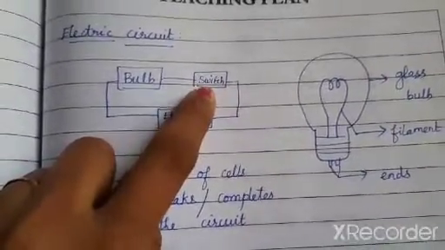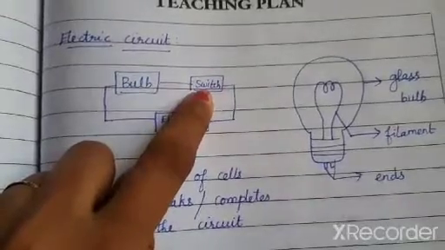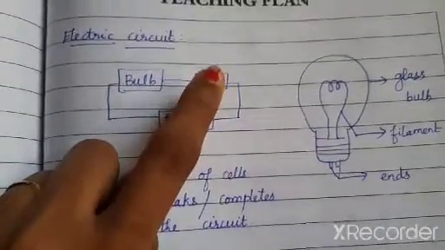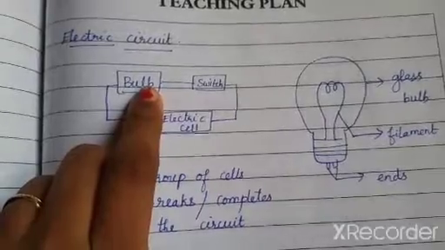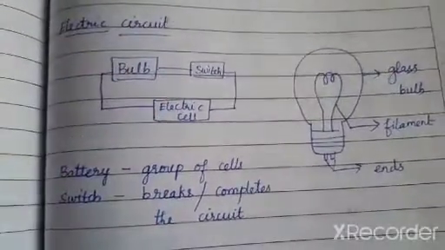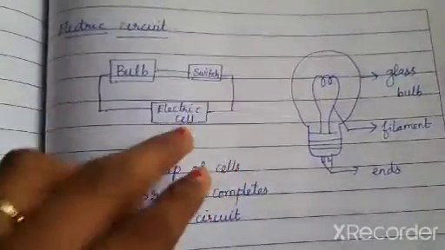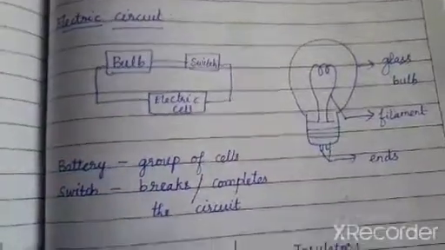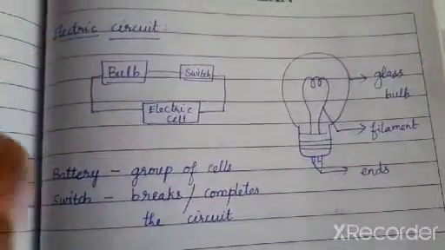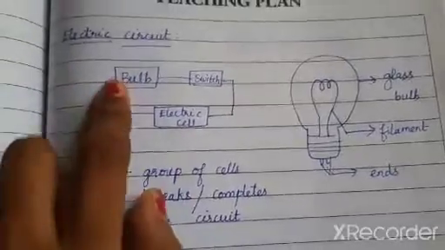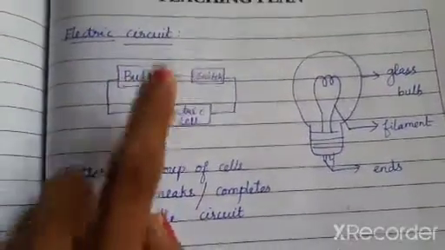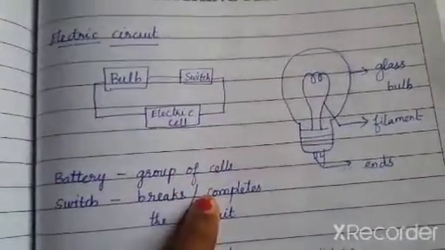It is giving the connection. It completes the connection. If the switch is off, the bulb will not glow because there is no current flow there. The bulb does not get any current for glowing because the switch is off.